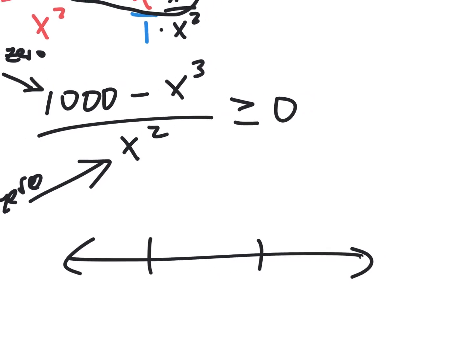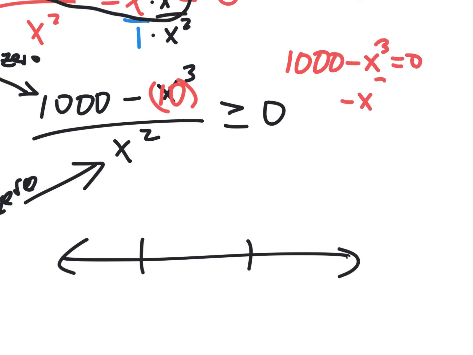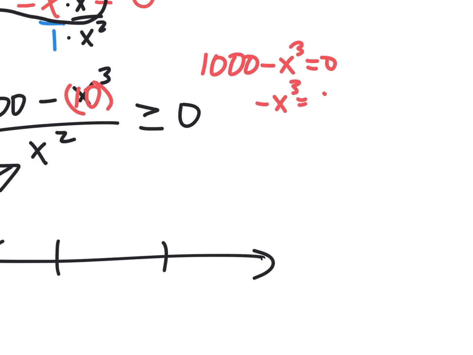Okay, so what makes the top 0? 10. That worked out pretty nice because 10 times 10 times 10 is 1,000, so awesome. Did you actually solve that by guess and check, or did you do something else? Awesome. 1,000 minus x to the third has to equal 0. And then you add negative x to the third, so x to the third has to equal 1,000.